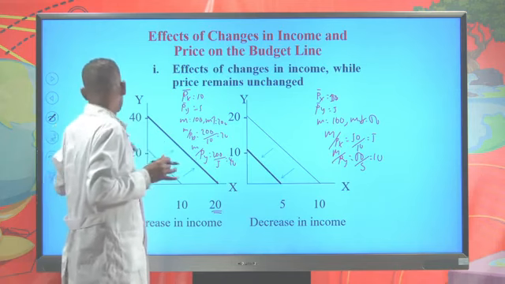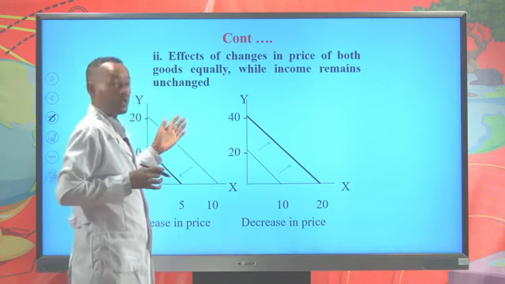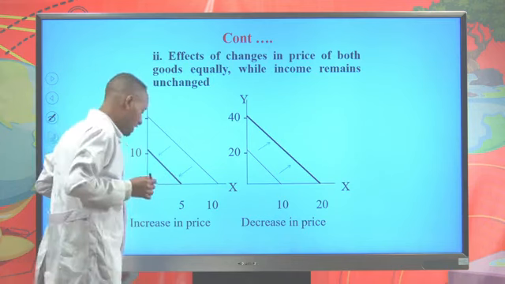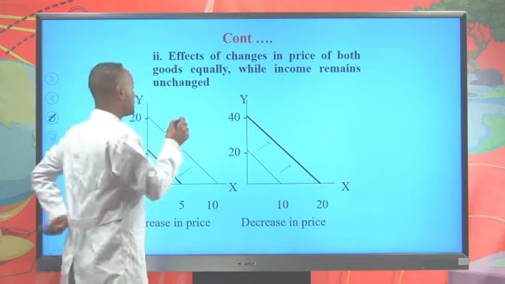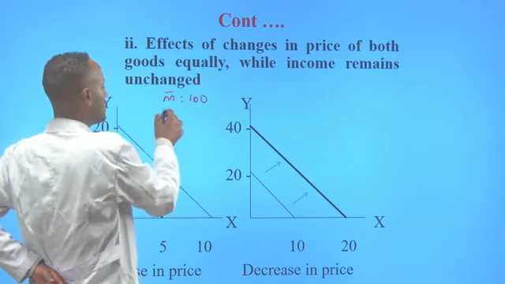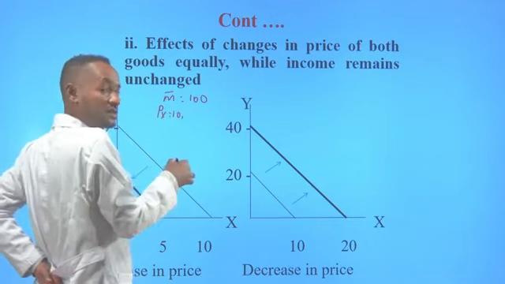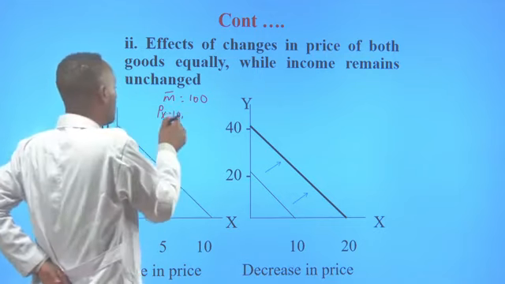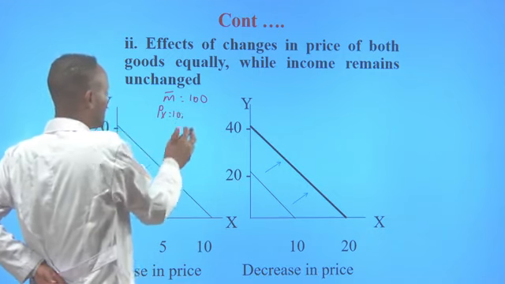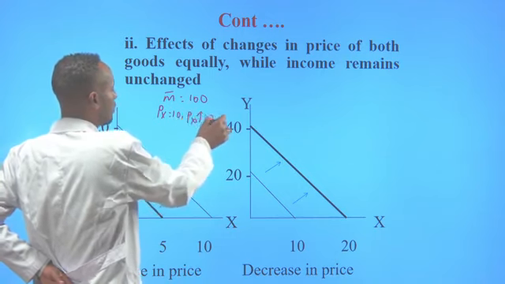Now let's see the effects of changes in the price of both goods by an equal percent while income of a consumer remains unchanged. First of all, let's see the increase in price of both goods by an equal percent. That means the income of a consumer was 100, it remains unchanged, but the price of commodity X was 10. If the price of X is doubled, it increases to 20.